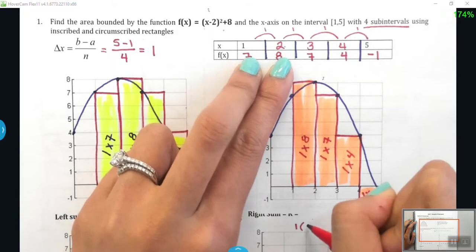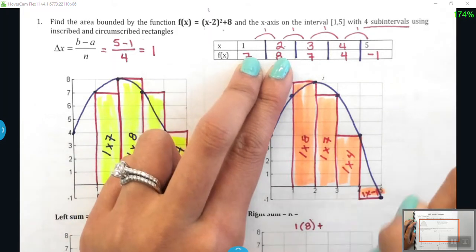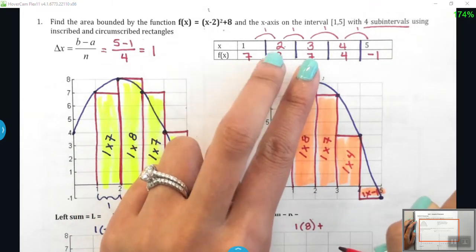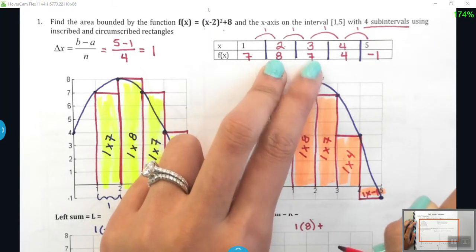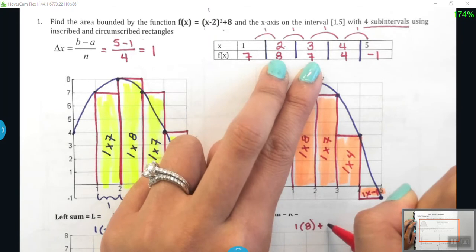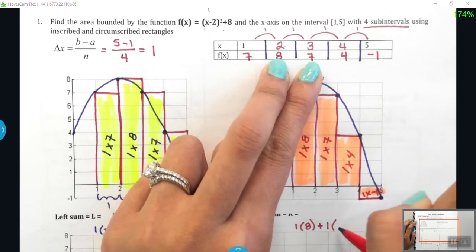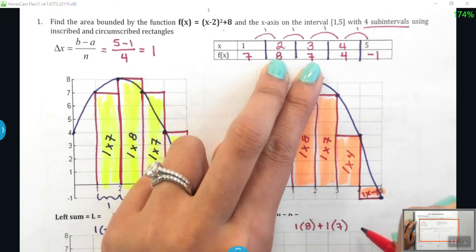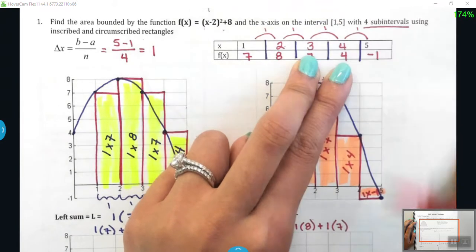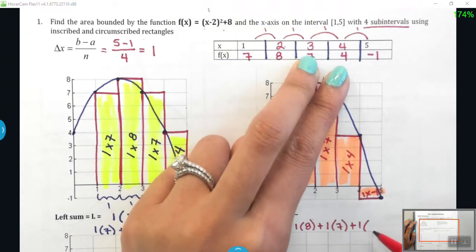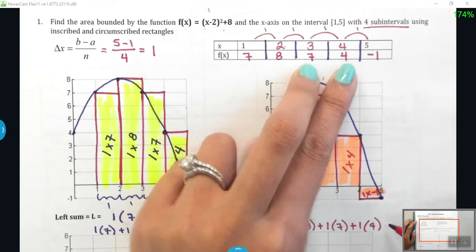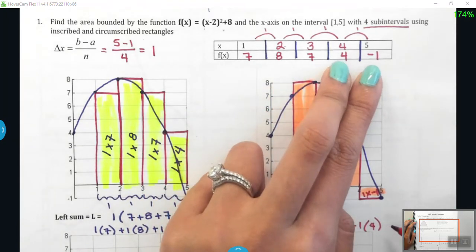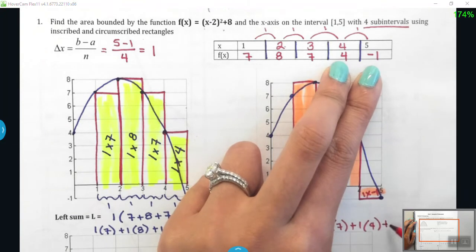So you would do 1 times 8 plus, and then you would look at this interval, from 2 to 3, and then we choose the one on the right, so the width is 1 times 7. My width is still 1 from 3 to 4, but I choose 4 for my right one. And then my width from 4 to 5 is 1, but I choose -1.